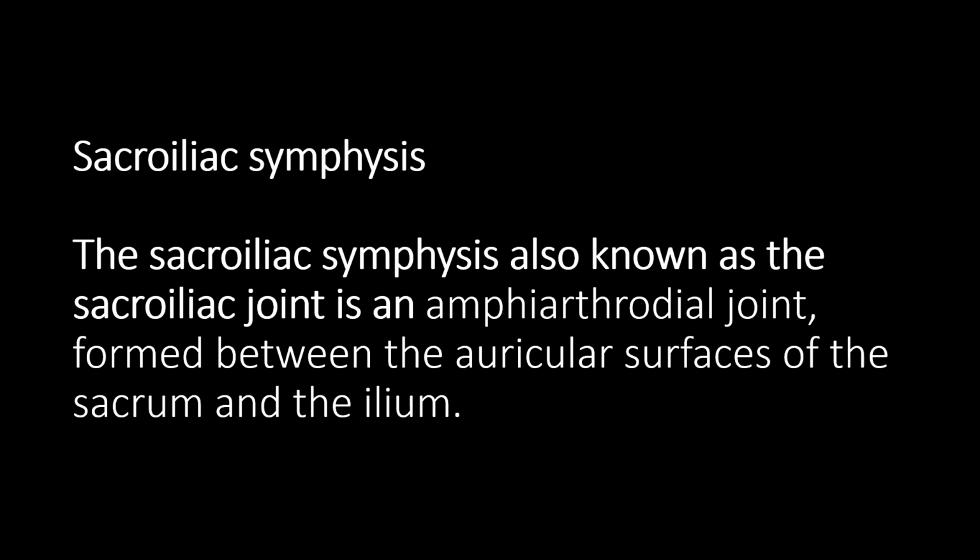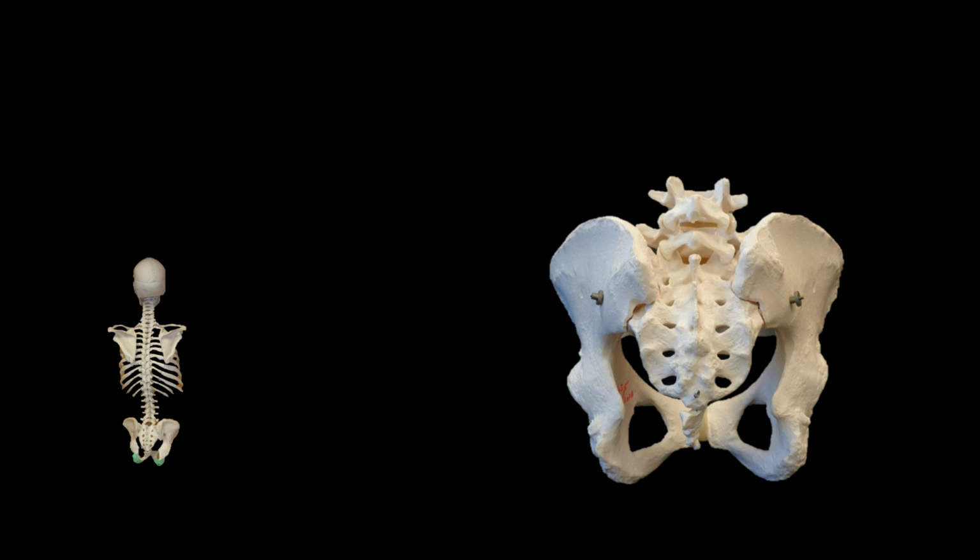Sacroiliac symphysis. The sacroiliac symphysis, also known as the sacroiliac joint, is an amphiarthrodial joint, formed between the auricular surfaces of the sacrum and the ilium. Name this anatomical area.